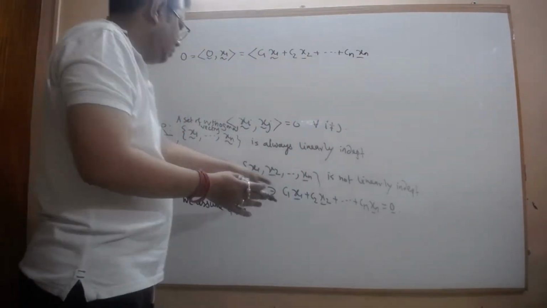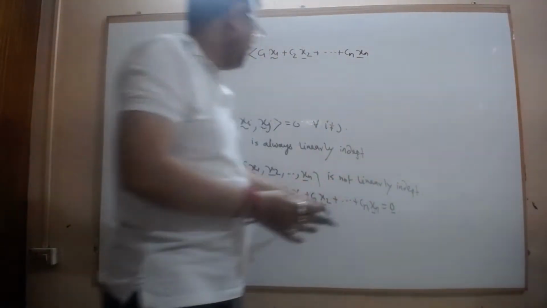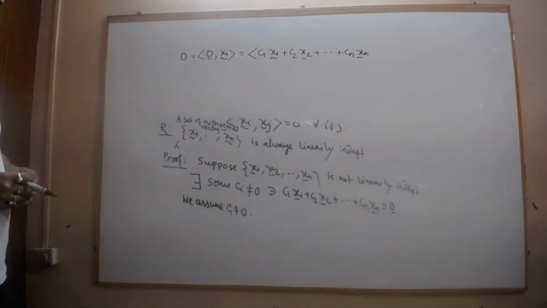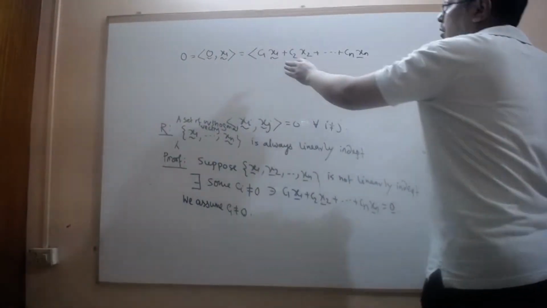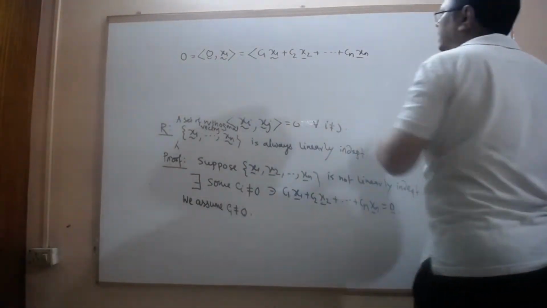Since we know this linear combination equals 0 curl, we just replace this 0 by this.